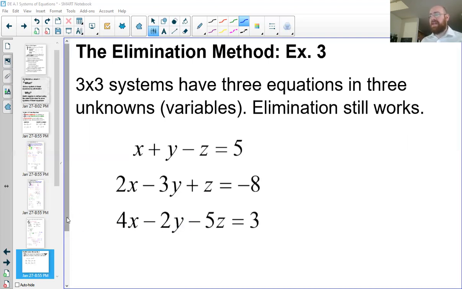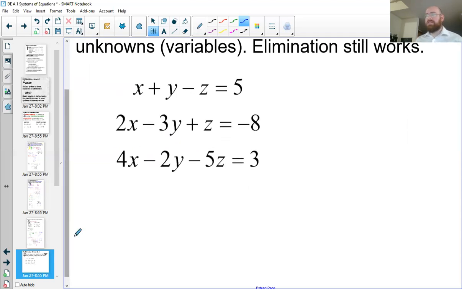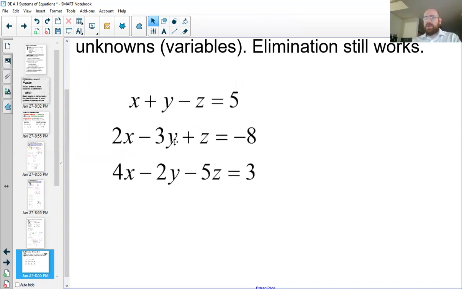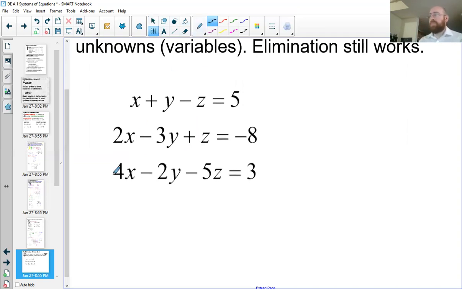The nice thing is that we can combine our tasks to essentially minimize the number of computations. So I'm going to start off by labeling our equations E1, E2, and E3 for the first, second, and third.